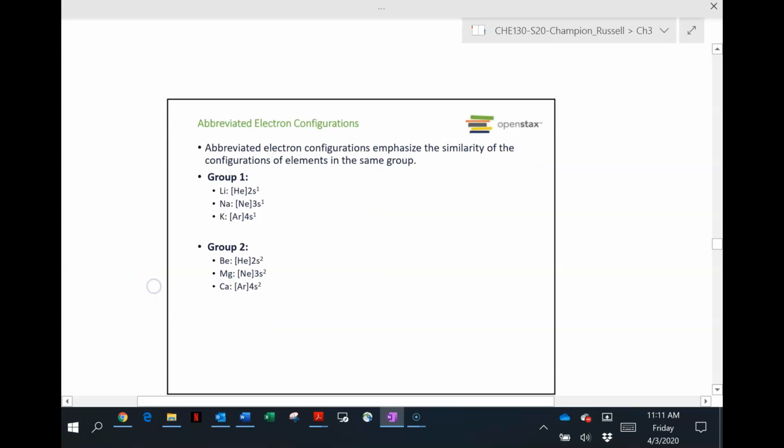And then we start seeing some similarities. If you look at the groups on the periodic table, for example group 1, lithium, sodium, and potassium, they're all ending in s1. Group 2 is all ending in s2. Remember, the groups are the vertical part of the periodic table. Hydrogen's there too, but hydrogen's a little different because it's a non-metal.